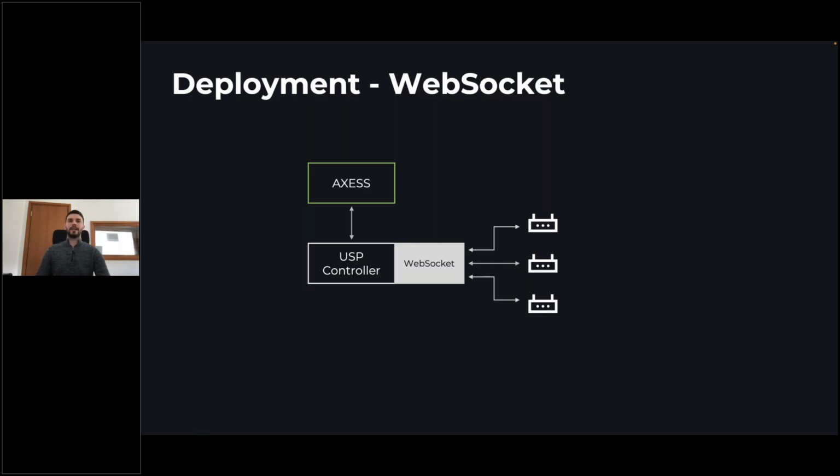The benefits here are that from our side, we can directly see the device, we can directly interact with it, but we also need to be sure that our USP controller handles all of the load of these devices. So if we're talking about millions of devices, it needs to be done and configured correctly.